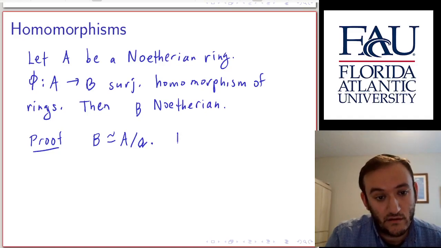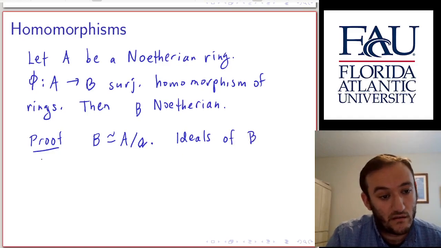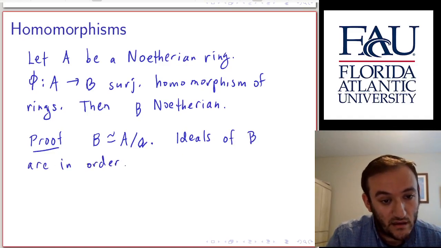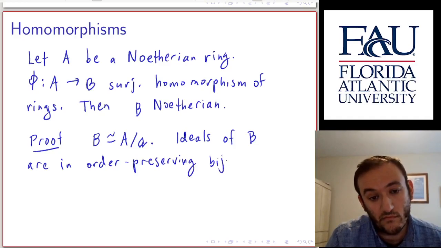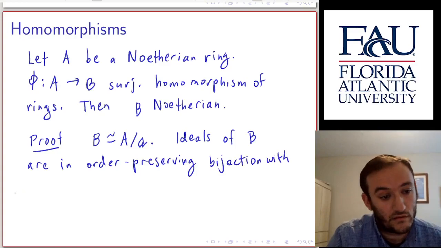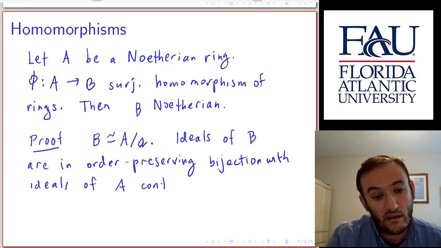So ideals of B are in order-preserving bijection with ideals of A containing the kernel.